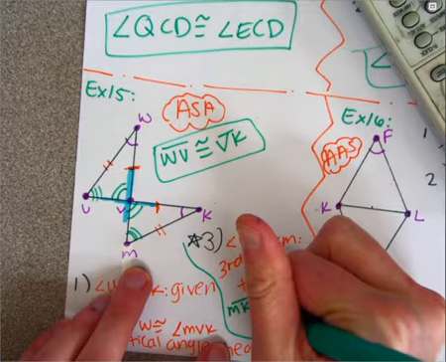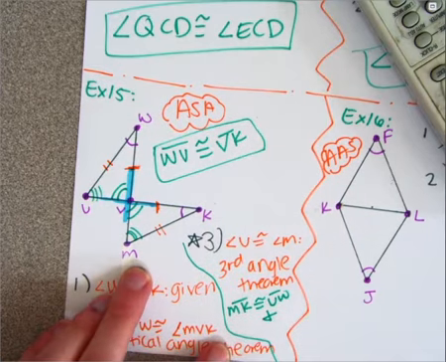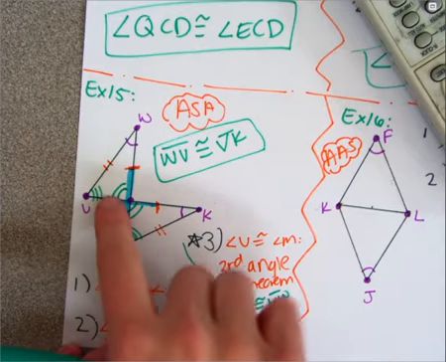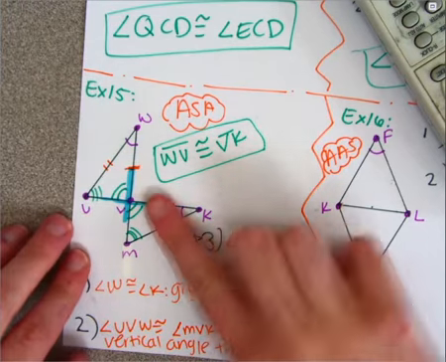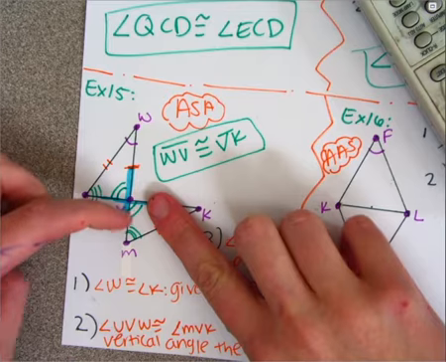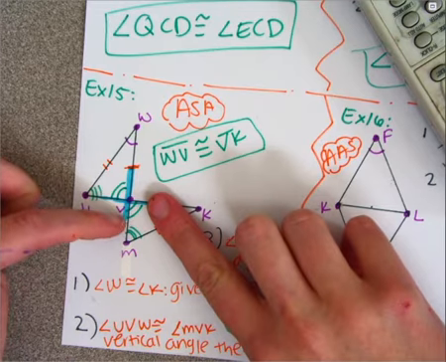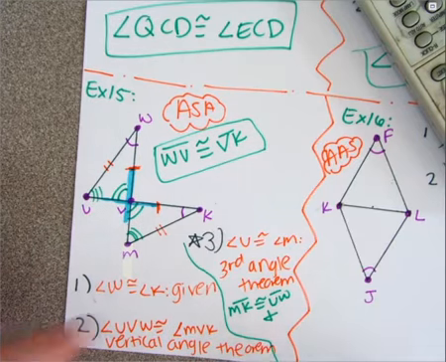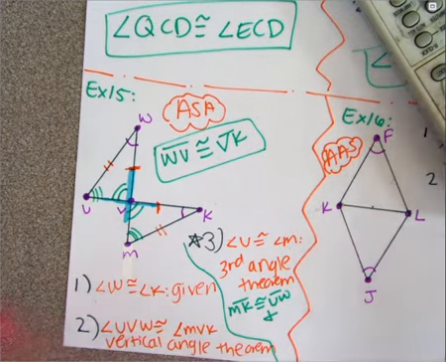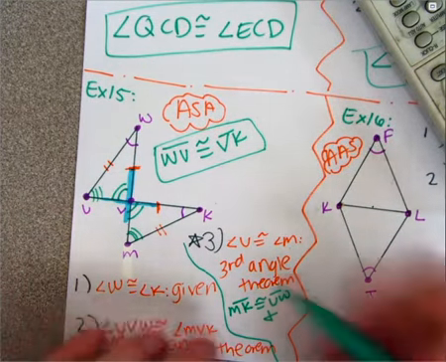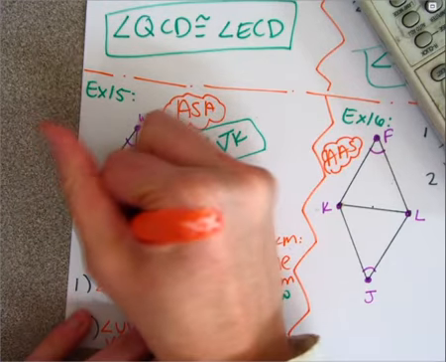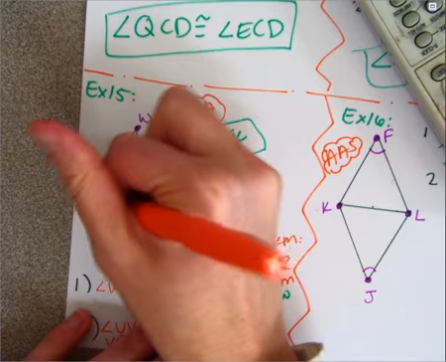But wait, you guys, there's another one because I have 2 other angles, which means a side could be in between those. Like if I look at just these 2 angles, if I had that side marked in as congruent, that would also be ASA, right? Whoa! So if I use the 3rd angle theorem, they could have also given me that VM is congruent to UV.